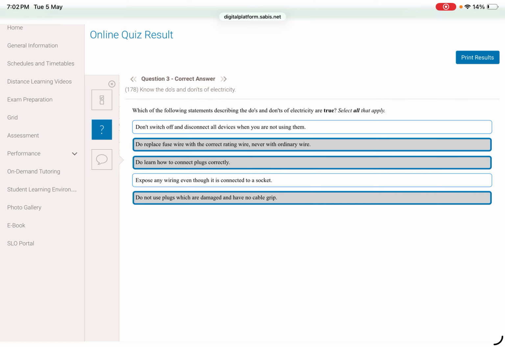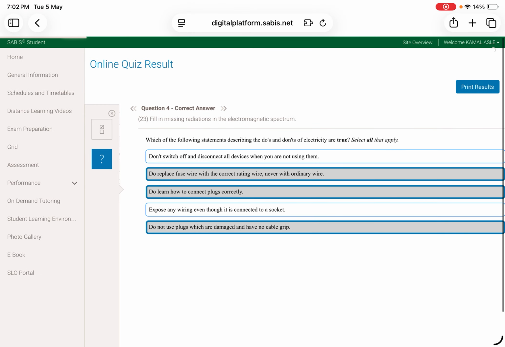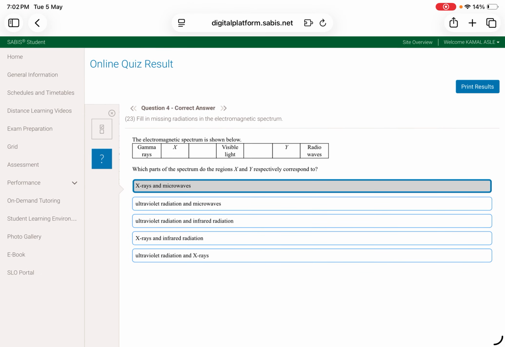Now moving on to question number 4. Here, the electromagnetic spectrum is shown below. Okay, they said, which parts of the spectrum do the regions X and Y respectively correspond to? Okay, so here you have to have these memorized.